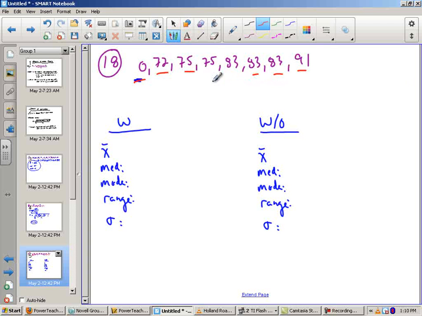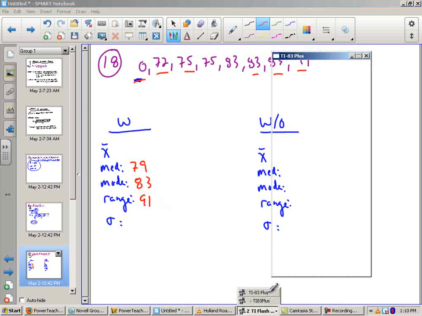So I need to take the average, or the midpoint, of 75 and 83. And that's going to be 79. And so my median is 79. My mode, it looks like 83 shows up the most times, so I'll say that it's 83. And the range, 91 minus 0 is a range of 91.